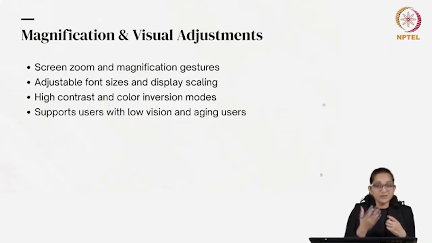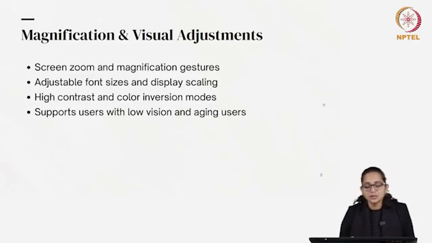There you are unable to read when something is at a reading level, right? If it is too small, you're not able to read it properly. So then those font adjustments can be utilized and fonts can be made bigger easily.